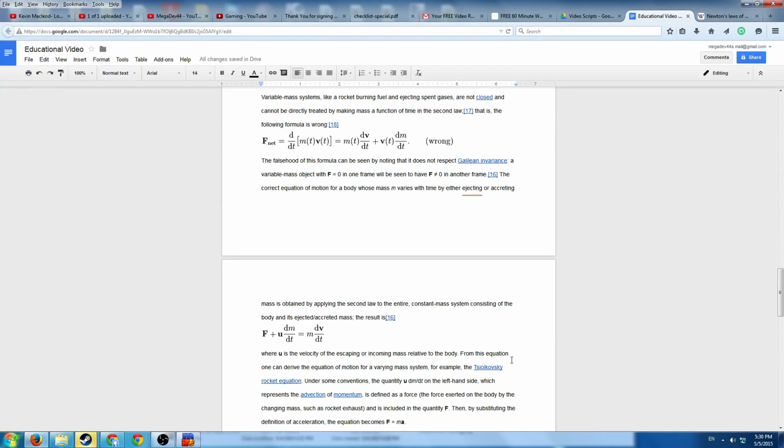From this equation, one can derive the equation of motion for a varying mass system, for example, the Tsiolkovsky rocket equation.